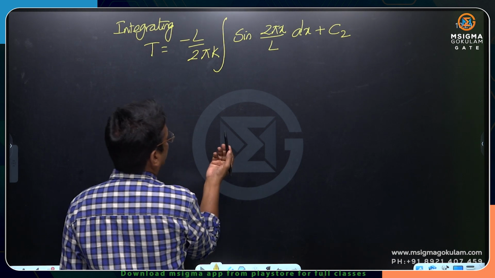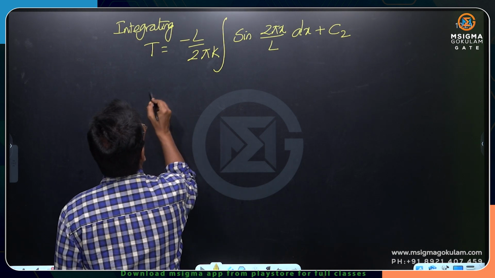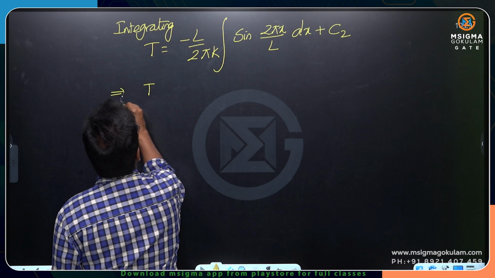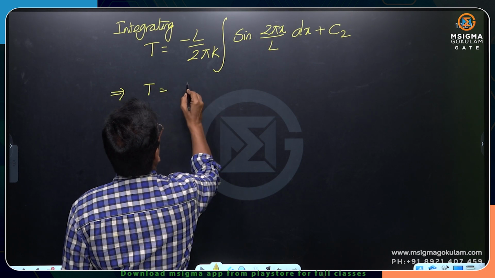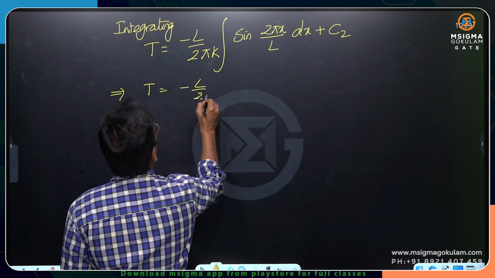Because it is a second order equation, we should get two constants of integration. So T is equal to minus L by 2 pi k.